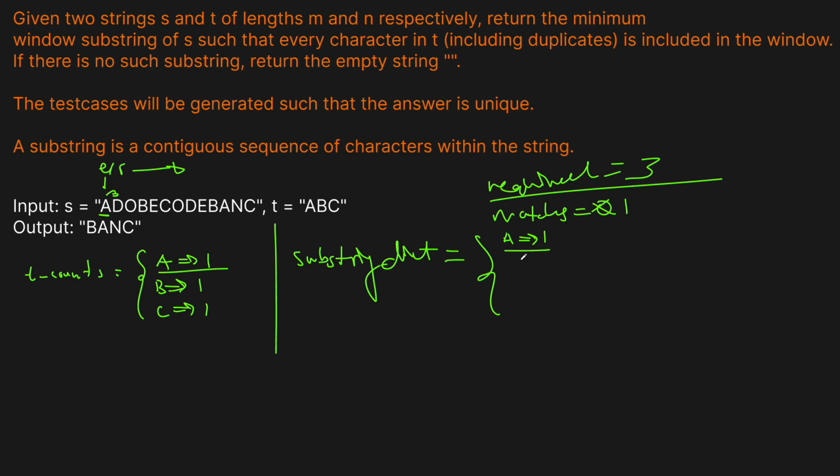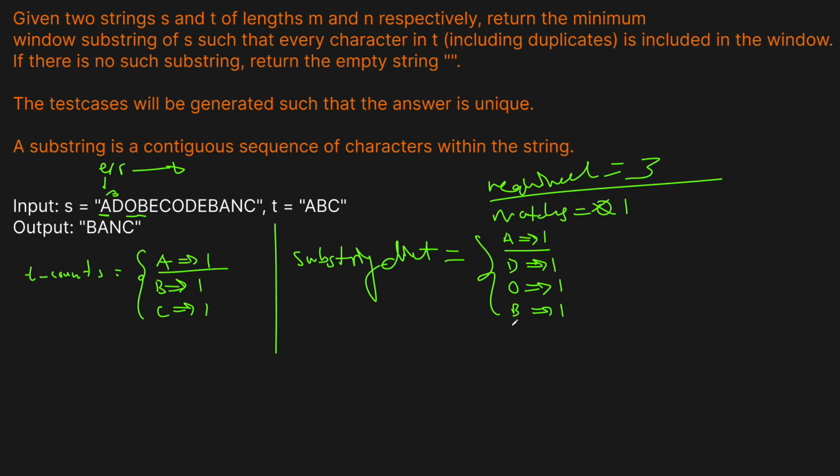So we move on to the D and we increment its count here and it becomes 1. Okay, is it in t counts? No, so nothing for us to do except move on to the next character, which is this O. So let's add it to the dictionary. And since it's not in t counts, there's nothing for us to do. Then we get to the B, and B's count gets added as 1.